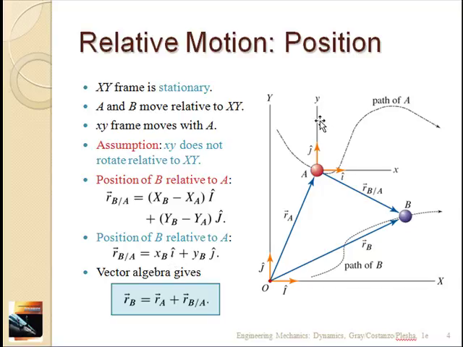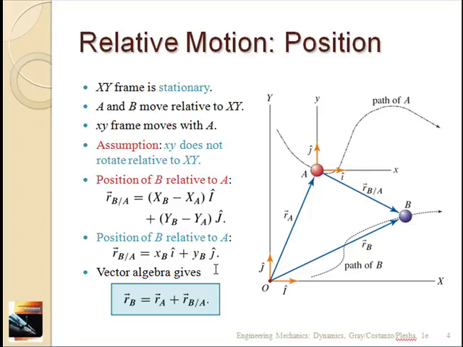But we can also write it in terms of these x and y coordinates of this moving system. So if you think of yourself as sitting on particle A and the coordinate system is moving with A, then the origin is always on A, and B relative to A is just defined as the coordinates of B in this little x, little y coordinate system. So it's little x sub B in the x direction and little y sub B in the y direction.